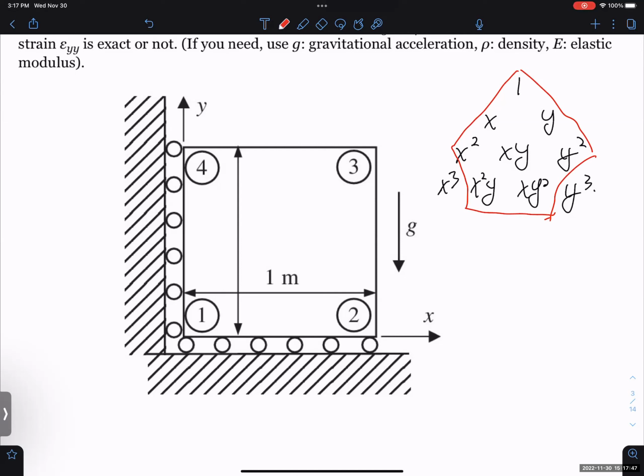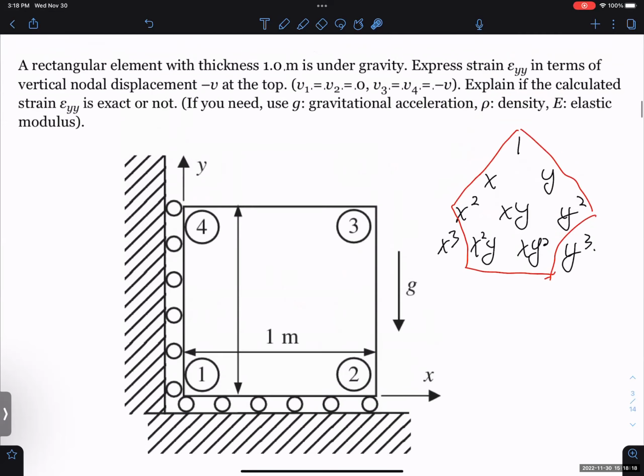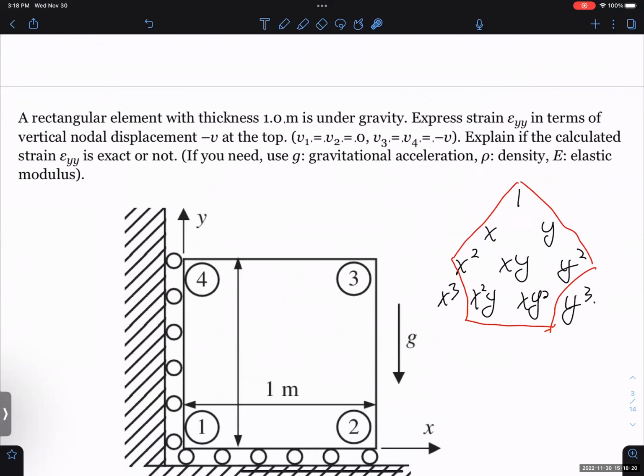So it can have the quadratic term. So for these 8 terms in our polynomial for representing the displacement, and since strain or stress is the first derivative of the displacement, we know that there is a linear change in the y term, right? So if we use Q8, yes, it can represent the accurate result. But if you use Q4, the 4-node rectangular element, no.